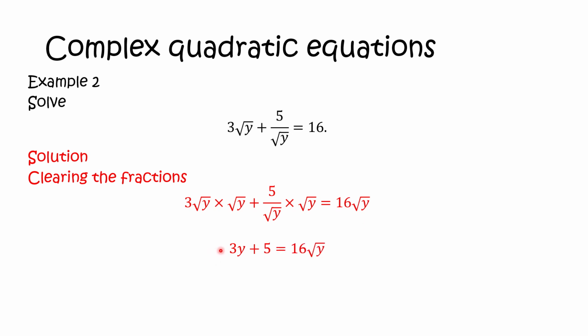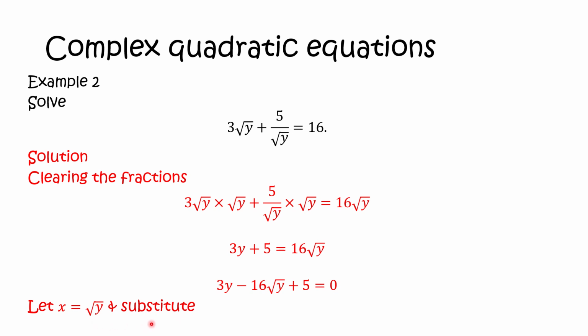So the root y's on the second term will cancel out, so that we have 3y plus 5 is equal to 16 root y. And of course, taking the 16 root y to the left hand side, we would have it as a negative. Then we move on to substitute x to be root y.